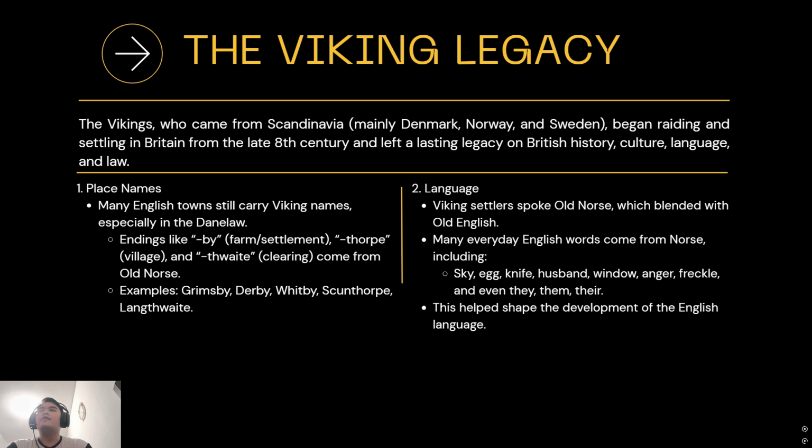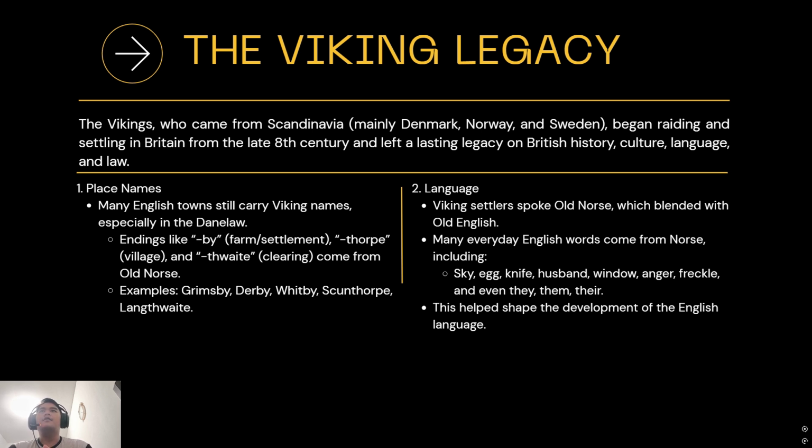One: place names. Many English towns still carry Viking names, especially in the Danelaw. Endings like "by" meaning farm or settlement, "thorpe" meaning village, and "thwaite" meaning clearing come from Old Norse. For example, Grimsby, Derby, Whitby, Scunthorpe, and also Langthwaite.